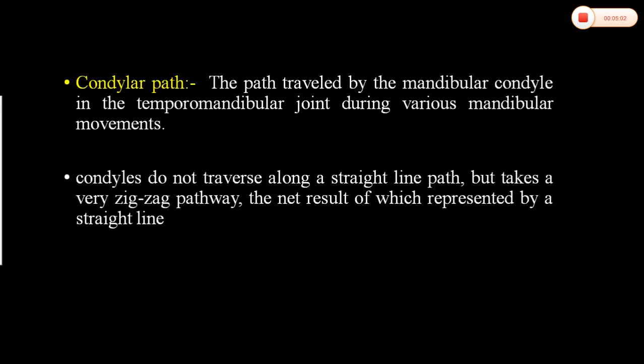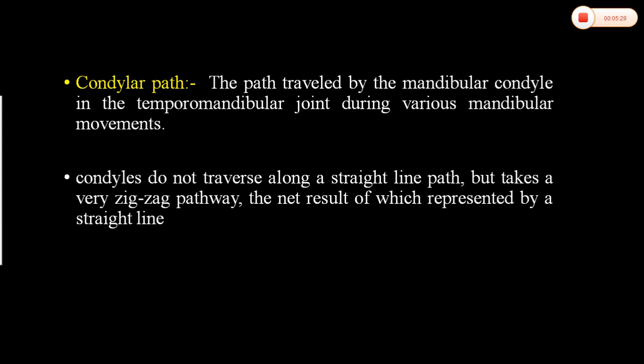Next, condylar path. The path traveled by the mandibular condyle in the temporomandibular joint during various mandibular movements, during opening of the mouth, closing, protrusion, or lateral movement. When the mandibular movements are taking place, the path of the condyle in the TMJ has to be recorded.